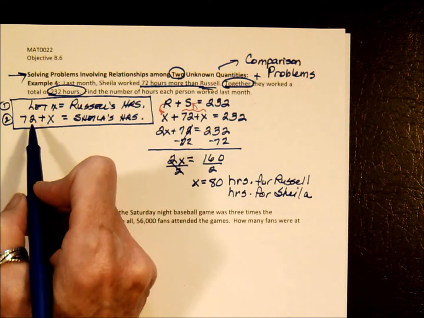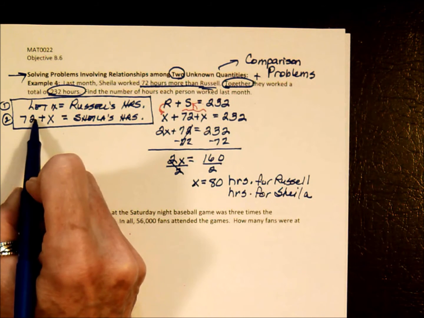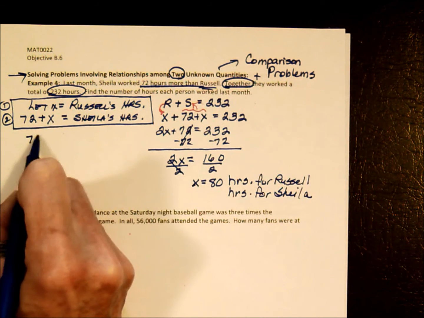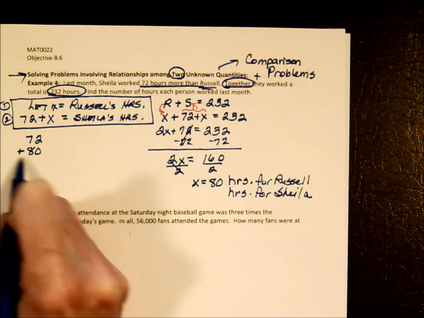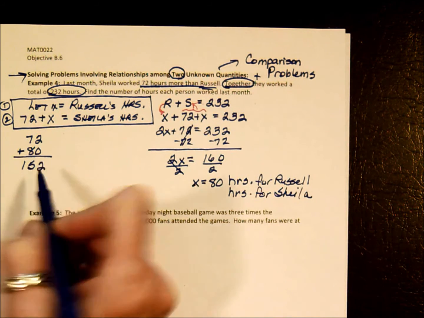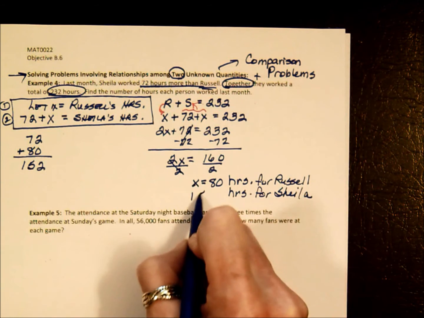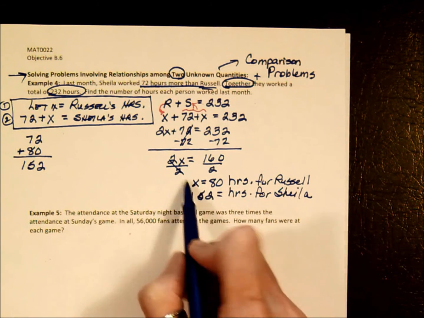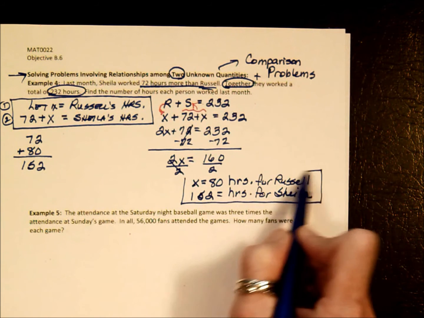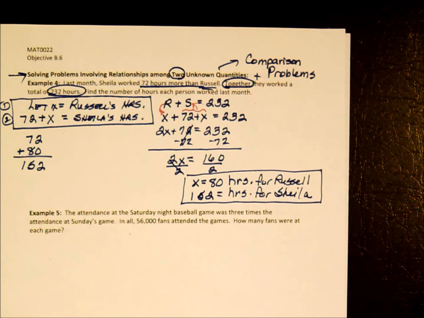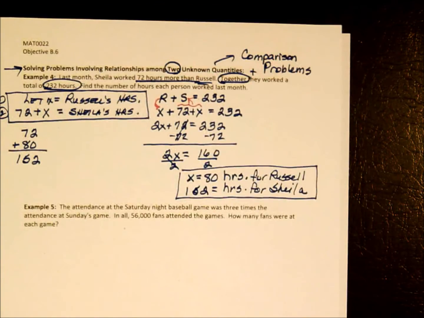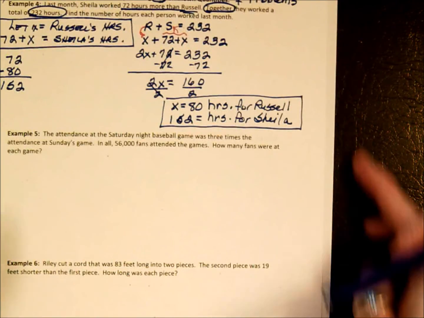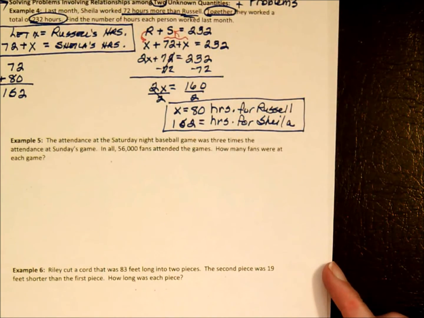We go back to our let statement, and it's 72 plus whatever we found for X. So it's 72 plus the 80 that we found for X, giving me 152. So 152 equals the hours for Sheila. So you actually have two answers, Russell's hours and Sheila's. And that's the way a comparison problem is always going to be. You're going to have at least two answers unless there's three things being compared. Then you'll have three answers.